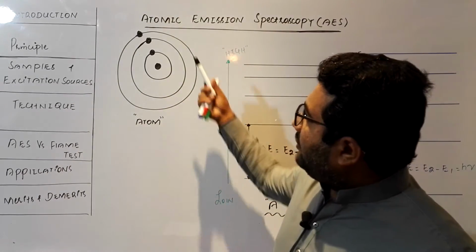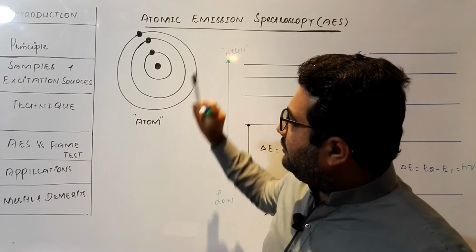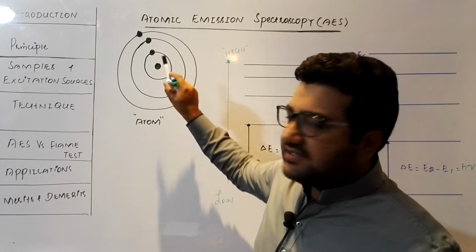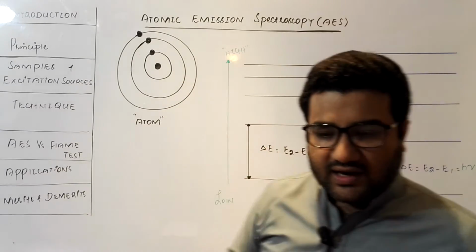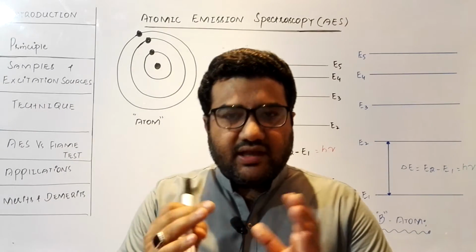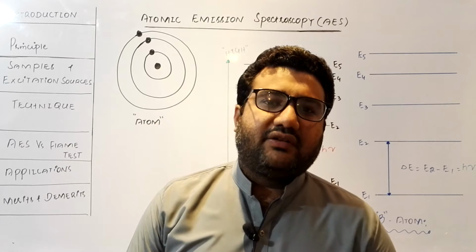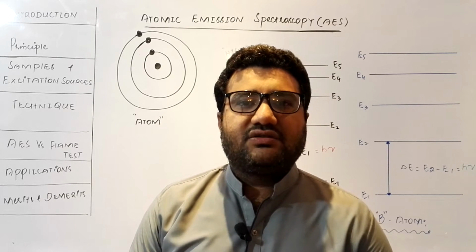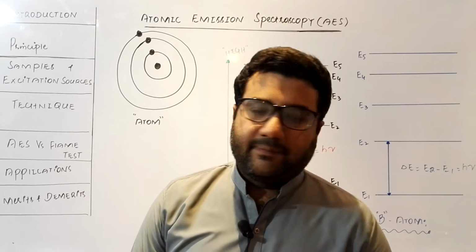When we talk about an atom, we know that an atom has a central portion called the nucleus, and then there is an extranuclear part of the atom which consists of different shells, orbits, or energy levels.